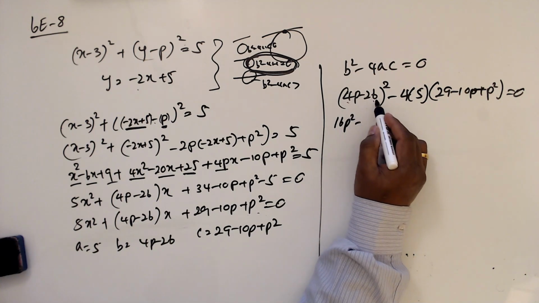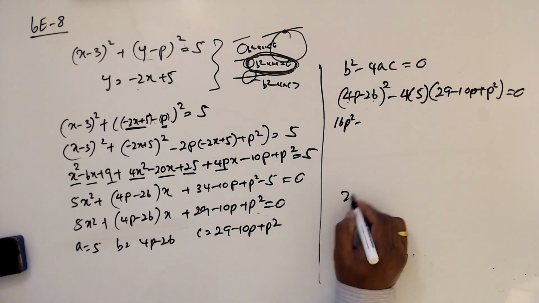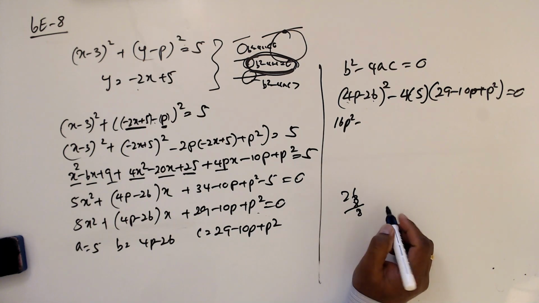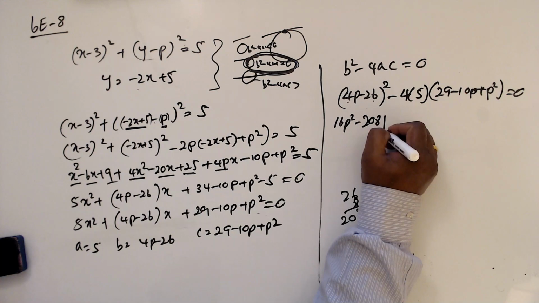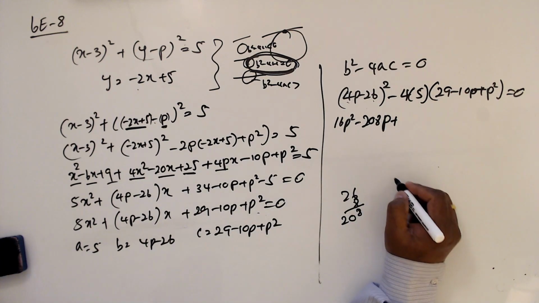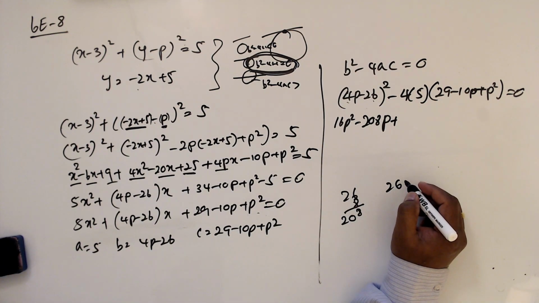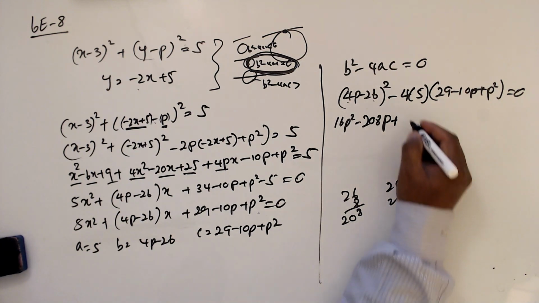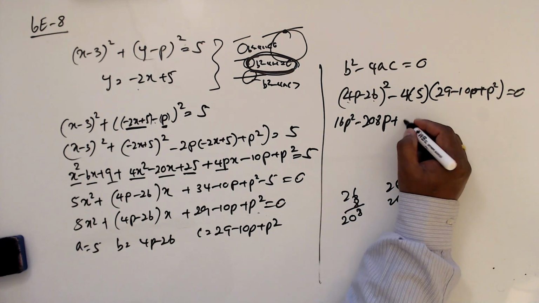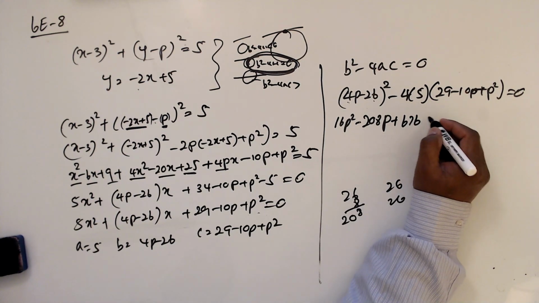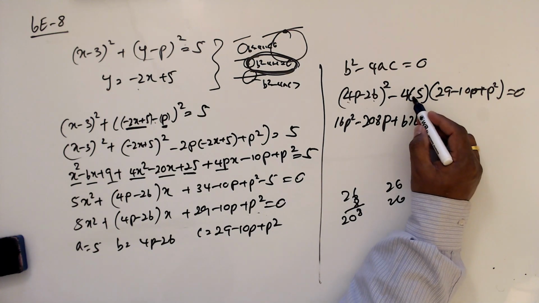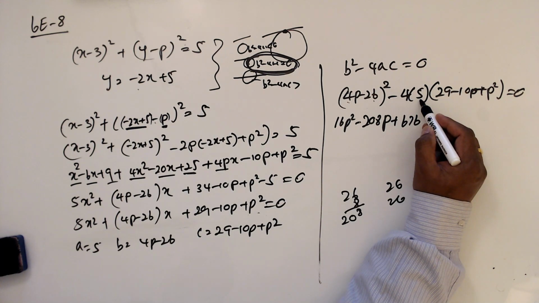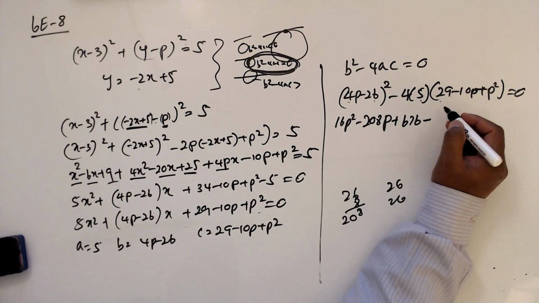So 4 times 26 times 2 means 26 times 8, so 208p, plus 26 squared, 676. Then 5 times 4 is 20. 20 times 29 is 580.